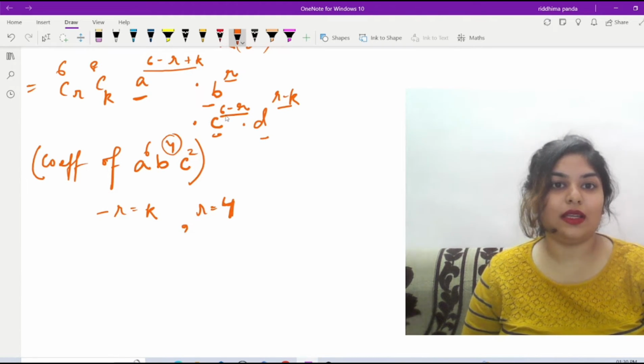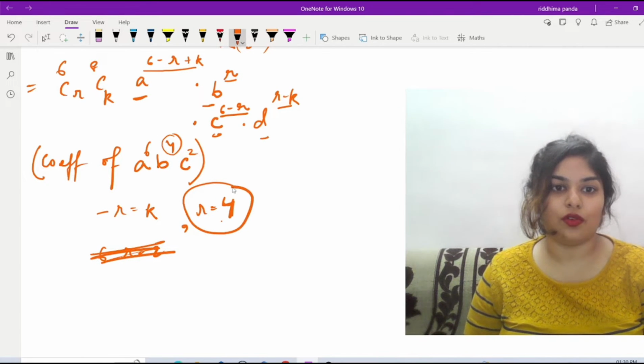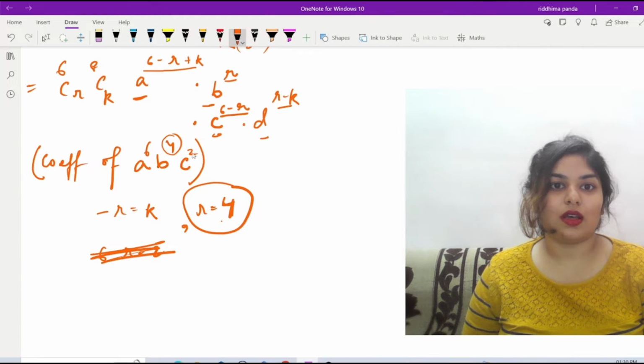C is square, right? That means 6 minus R is equal to 2, which implies R is 4. We don't have to calculate it again; we know that R is already 4. We have to find the value of K basically.